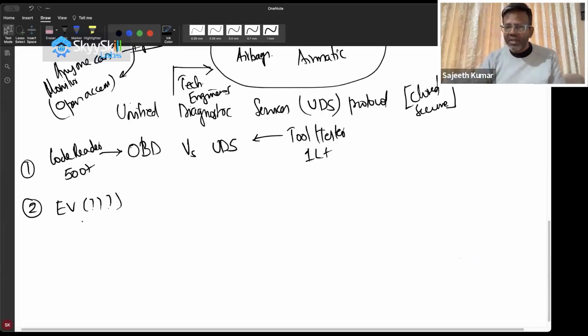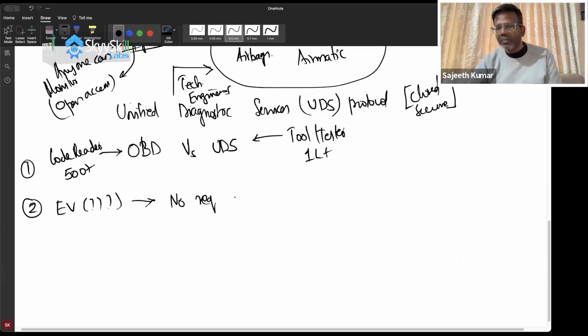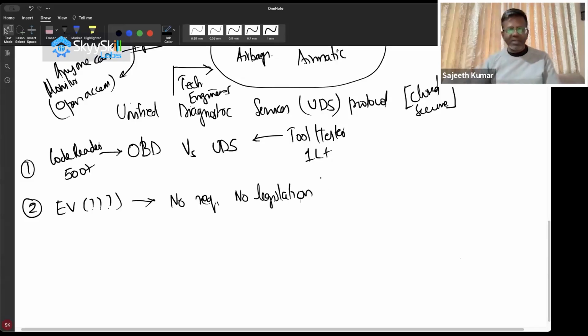Because electric vehicles do not have an engine, they are not mandated by the government to build any kind of diagnostics in house. Currently there is no requirement, no legislation which makes a diagnostic system compulsory.